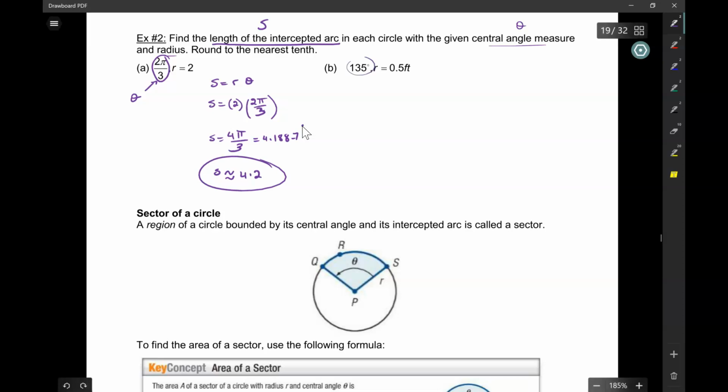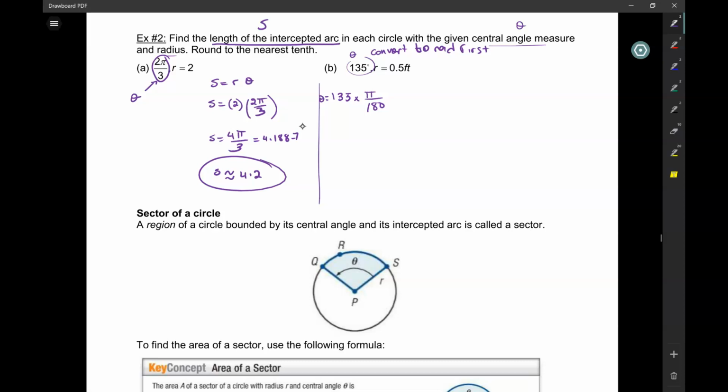This next one, I have an angle theta of 135 degrees that I need to convert to radian. So first I convert to radian. I'm going to do 135 times pi over 180, that's my theta.